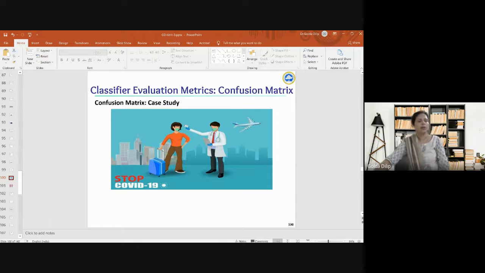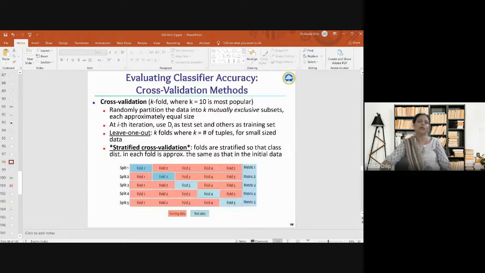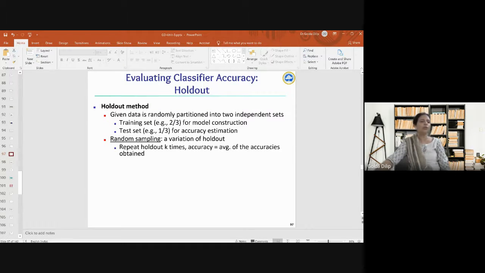The next technique is the confusion matrix. Before we move on to it, we had discussed holdout and cross validation. When do we go for holdout and when for cross validation? Compared to both, cross validation is generally preferred, because it gives you a better opportunity to train your model on multiple train-test splits, with each group getting a chance to act as test data.